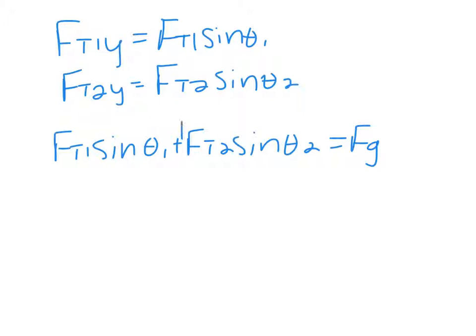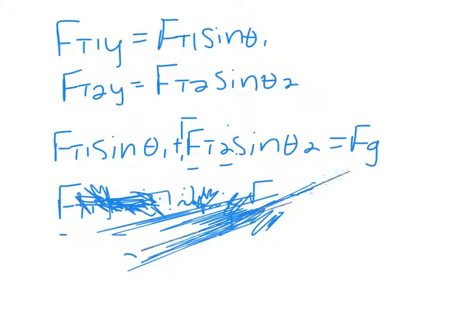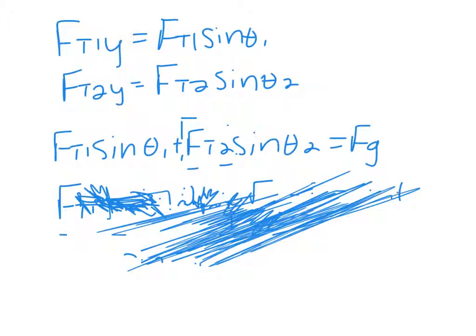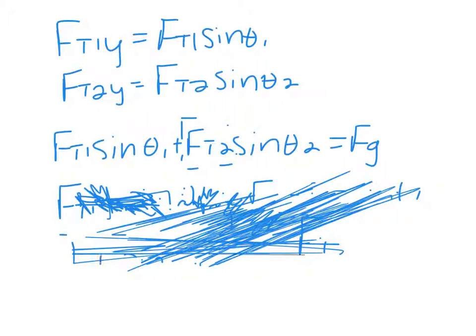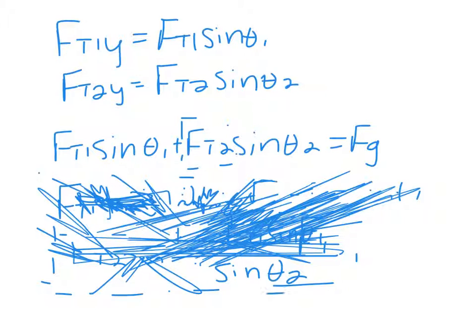So isolating Ft2, we're going to end up with Ft2 sine theta 2 equals Fg minus Ft1 sine theta 1. Ft2 equals Fg minus Ft1 sine theta 1 over sine theta 2. So Ft2 is equal to this. Ft2 is also equal to Ft1 cosine theta 1 over cosine theta 2.